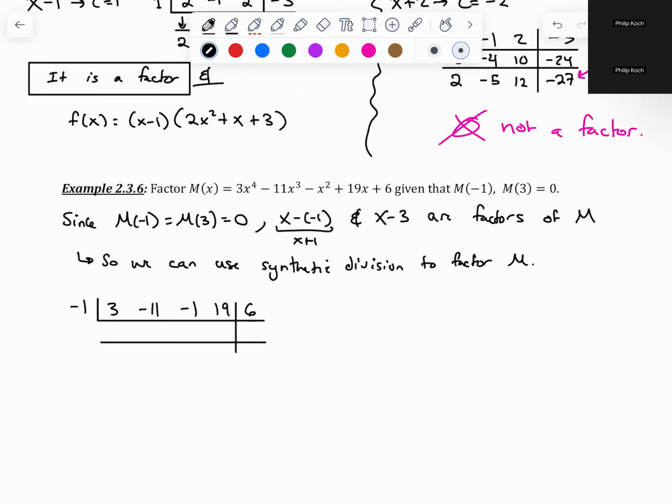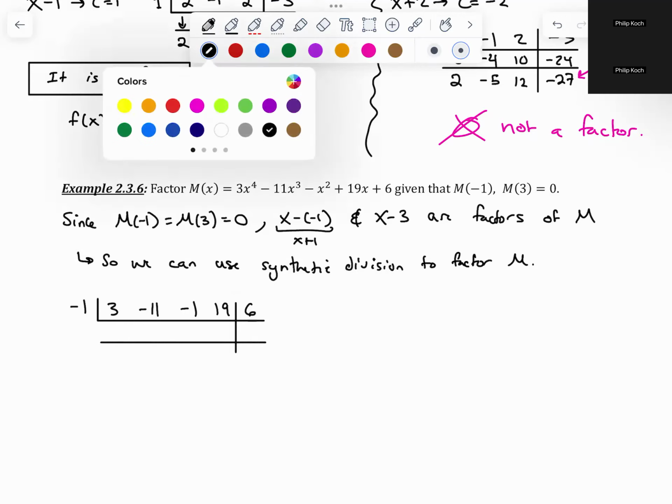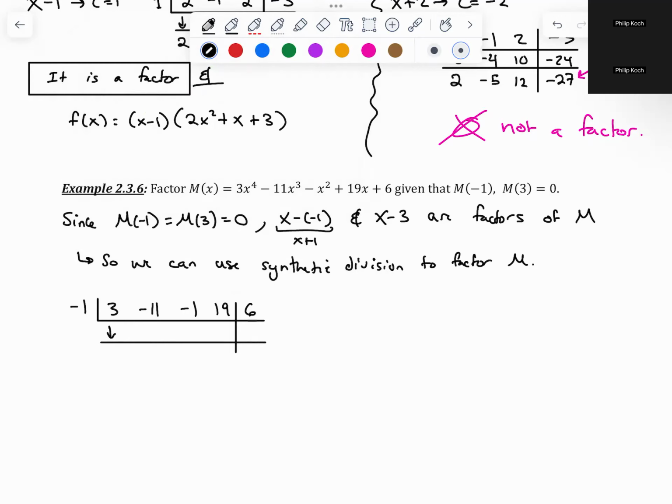And then I'm going to write something in red down below it. So don't write the thing I write in red, but I'm going to do this synthetic division at the moment.